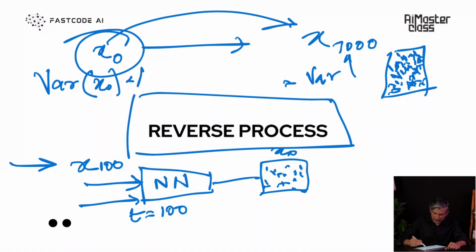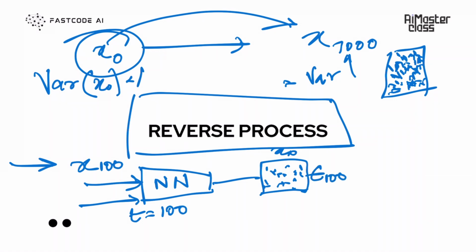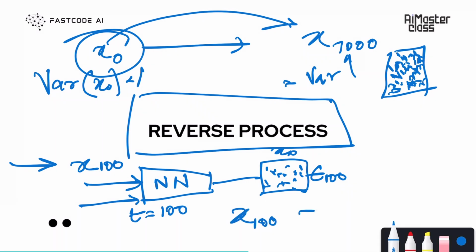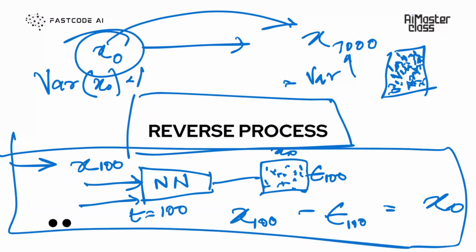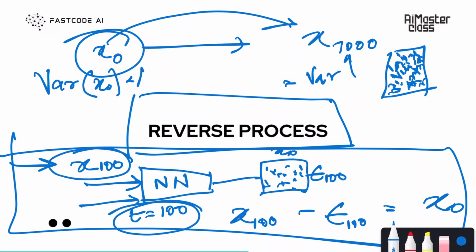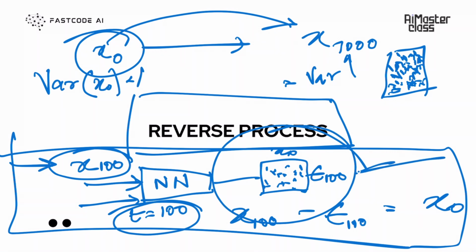So let's say the output is epsilon 100, then my x100 minus this epsilon 100 should give me my x0. And this is the mapping that my neural network is learning. The neural network takes two things: your noisy input and your time step, and it gives out the noise. That is how you train it.